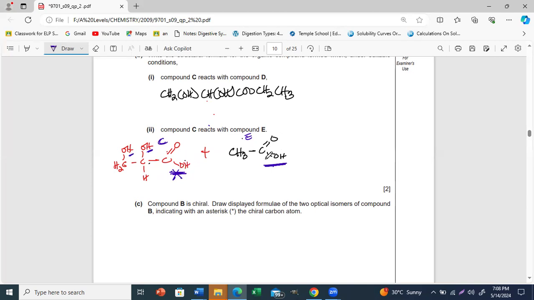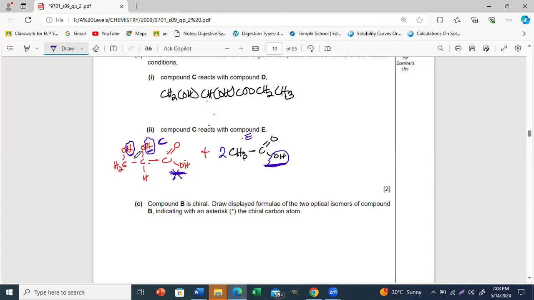But your carboxylic acid is going to affect all the alcohols on C. The alcohol will lose this H, and this one also will lose its H, while the carboxylic acid loses the OH. That means for two alcohols, you will have two molecules of CH3COOH reacting with this at the end of the day.